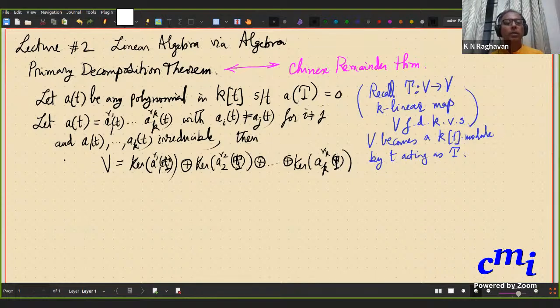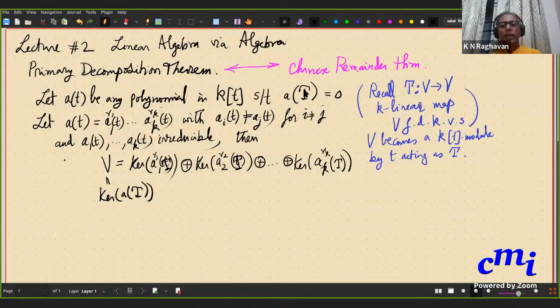So let me write this clearly. The idea is that because A(T) is 0, it acts as the zero operator, which means the kernel of A(T) is the whole space, since the kernel of the zero operator is the whole space.